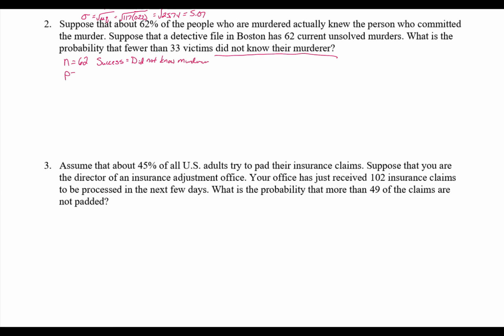And then we need to find what P and Q are. So P, probability of success, that's the probability somebody did not know their murderer. So let's look at the information we're given. So we're told that 62% of the people who were murdered actually knew the person who committed their murder. So in this case, we are given our Q value.